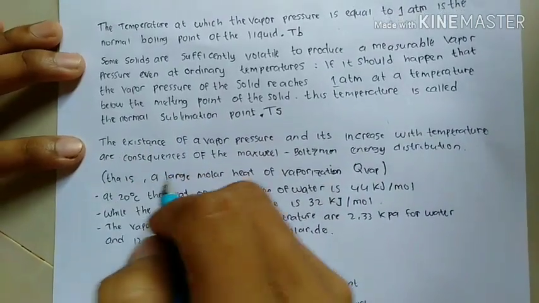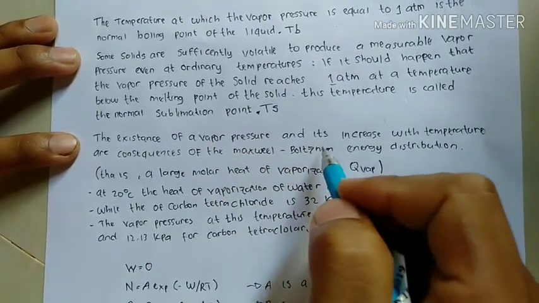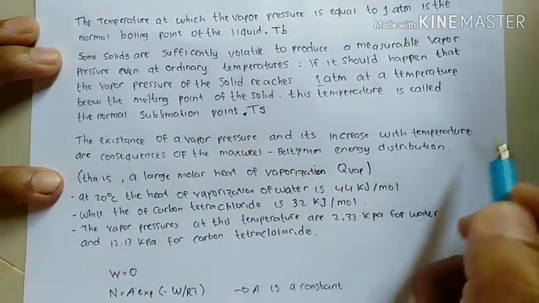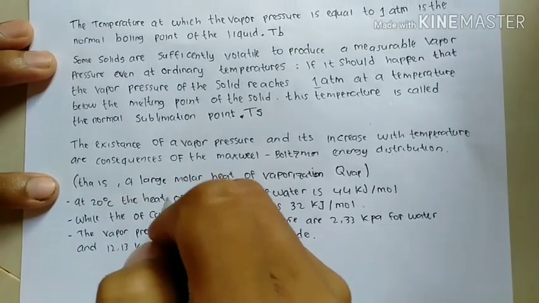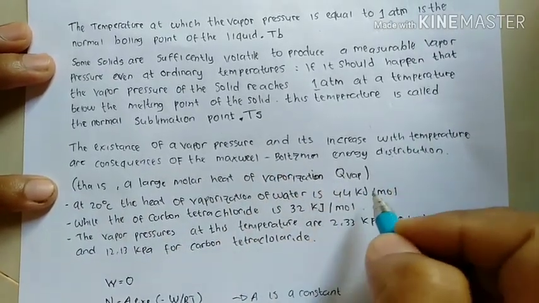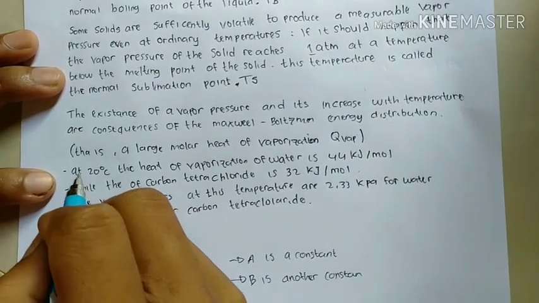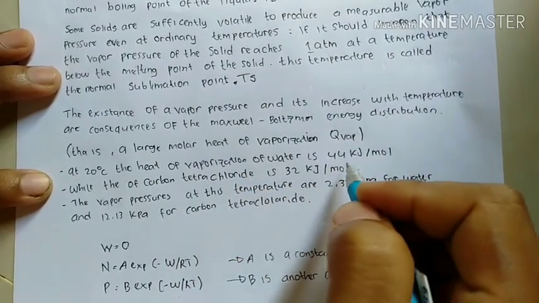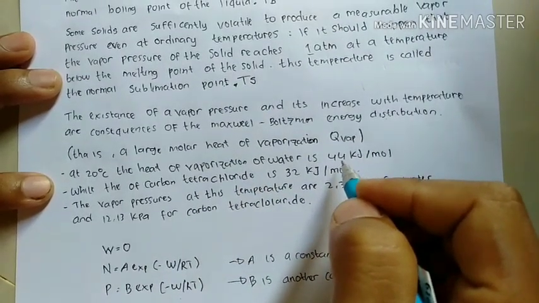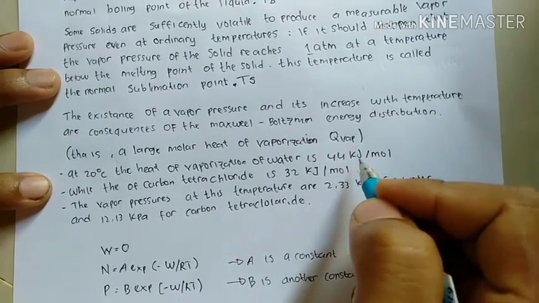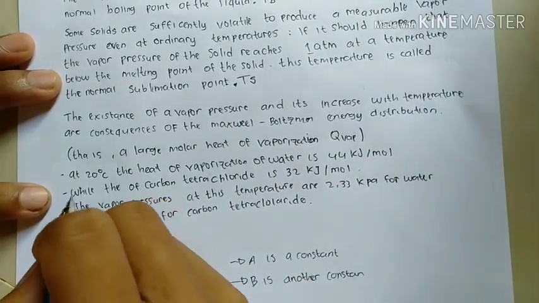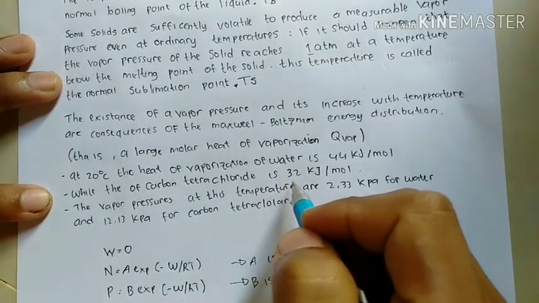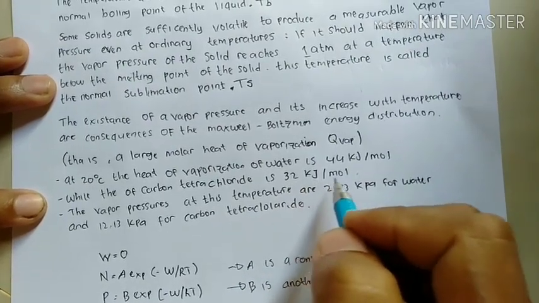Ts. The existence of a vapor pressure and its increase with temperature are consequences of the Maxwell-Boltzmann energy distribution. Substances with a large molar heat of vaporization have low vapor pressures. At 20 degrees Celsius, the heat of vaporization of water is 44 kJ per mole, while that of carbon tetrachloride is 32 kJ per mole.